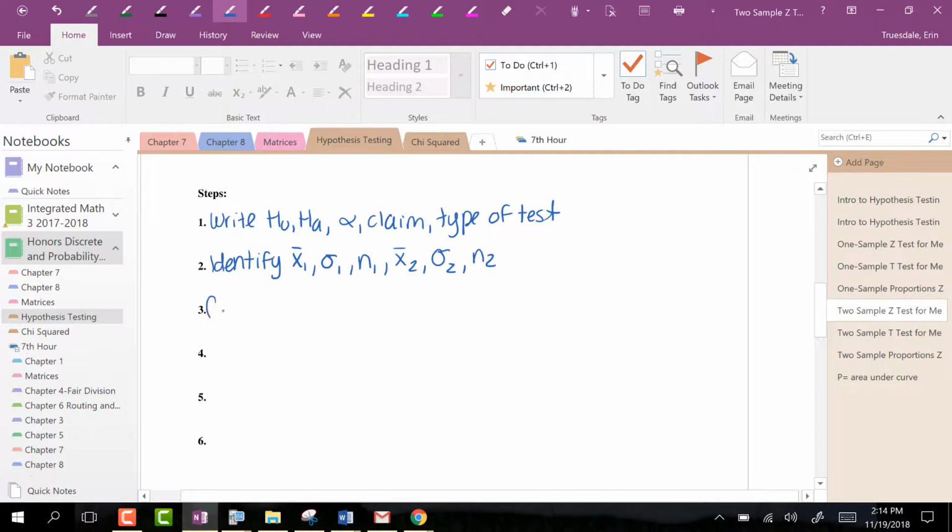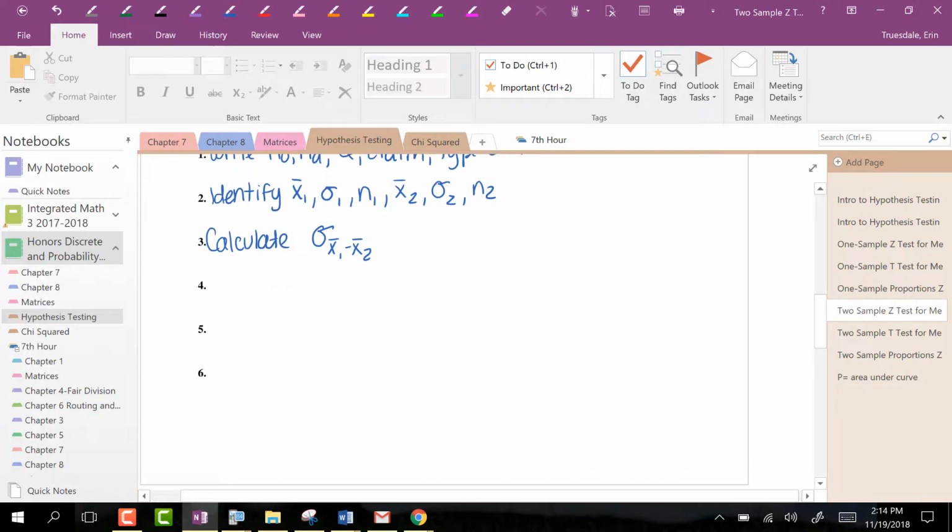Step 3, you're going to calculate sigma for the comparison of your means, so your standard deviation between the means. Step 4, you're going to calculate Z using the formula. Then you're going to use the chart to find the area and the p-value. Nothing different here, right? That's the same. Once you calculate Z, we're doing that the same way. And then last, you're going to make a decision.